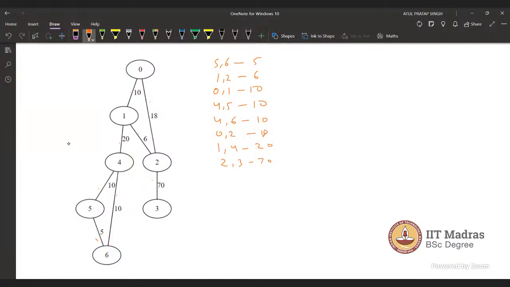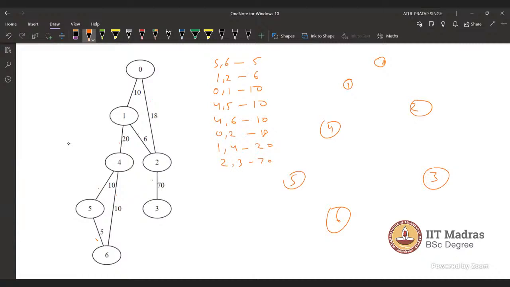After that we consider the edges one by one. We start by considering every node as a different component: this is 0, this is 1, this is 2, this is 4, 5, and 6, and this is 3. Every node is a different component, not connected in any way.